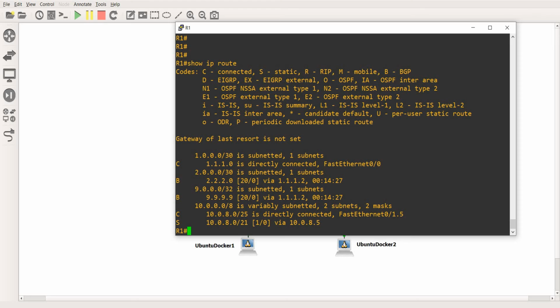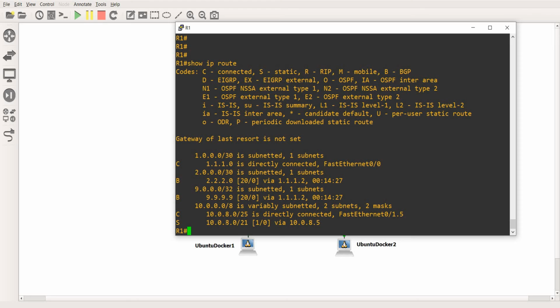The destination IP address matches two routes in this example. So it matches this route 10.0.8.0/25 and 10.0.8.0/21.